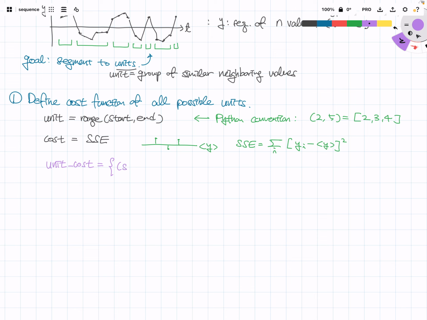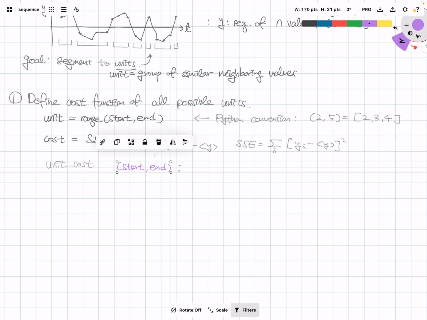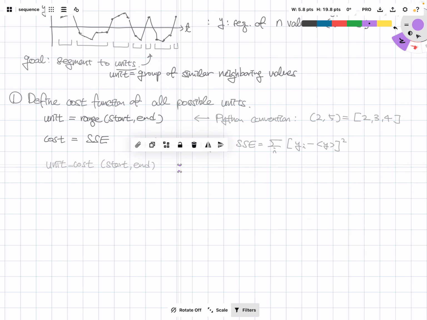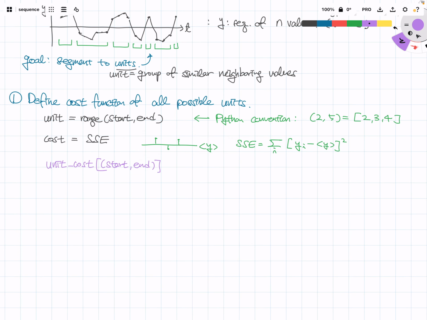Two numbers, start and end, is a key, and it's defined as the cost of that unit.